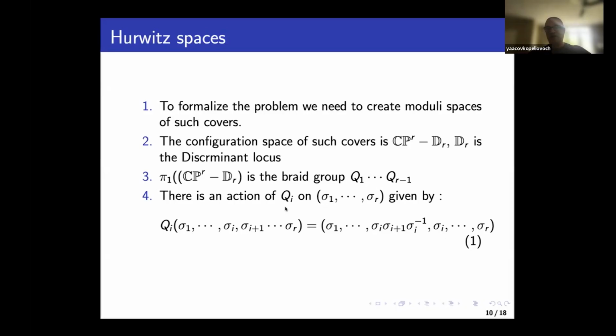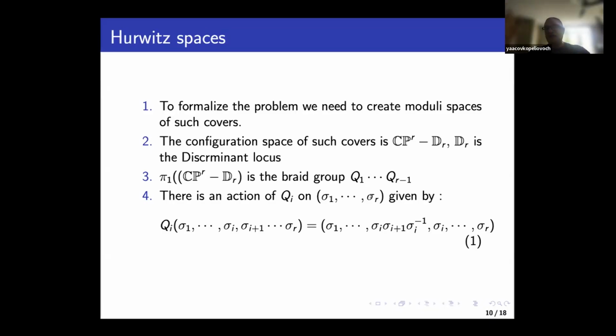And this defines a permutation representation of Qi on these sigma 1 to sigma r. Now, because these are permutations in Sn, and you start acting with Qi, it's clear that you have a finite set. Okay?